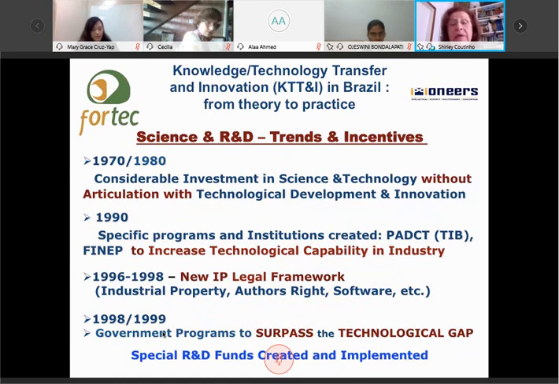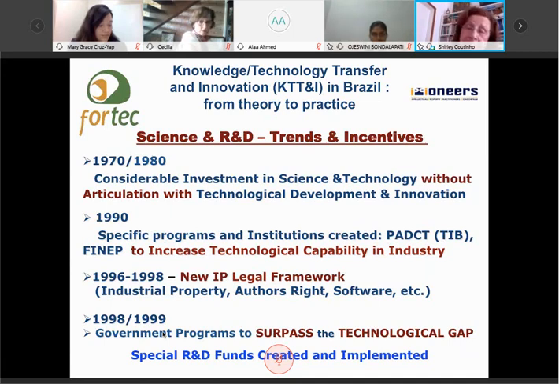Because from the 70s to the 80s, we had a huge investment in science and technology, but without any articulation with technology and industrial development. In the 90s, we increased the capability in the industry, and the new legal framework really changed the environment for innovation, because previously private-public collaboration was quite forbidden.